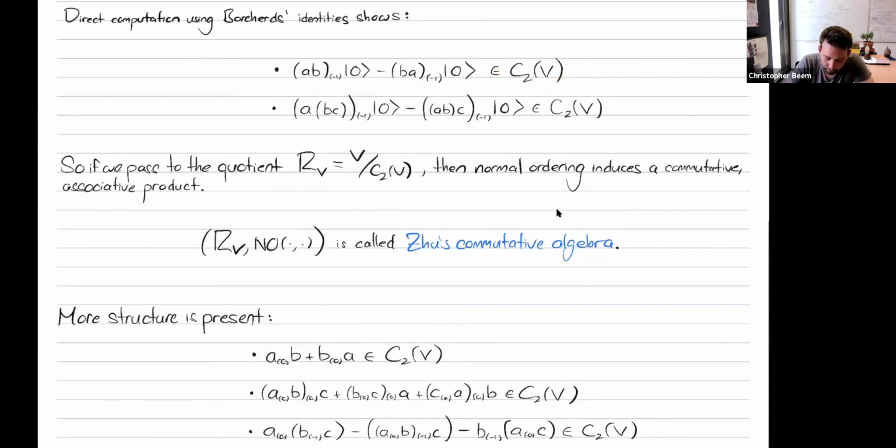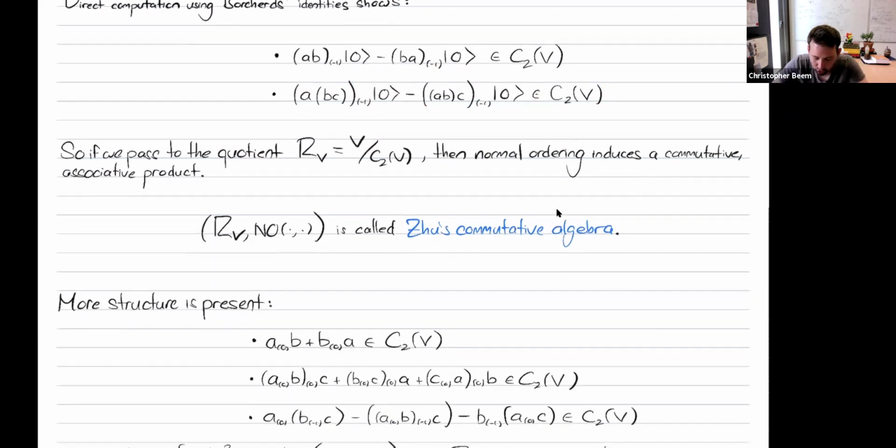And similarly, if you try to reorder in an associativity way, and you look at the difference between the two different orderings, this would be called the associator between A, B, and C, then that thing lives in C2 of V. And that means that if you take a big vector space quotient and work with your vertex algebra state space modulo this C2 subspace, then the operation of normal ordering gives you a commutative associative product. And that thing is called Zhu's commutative algebra.